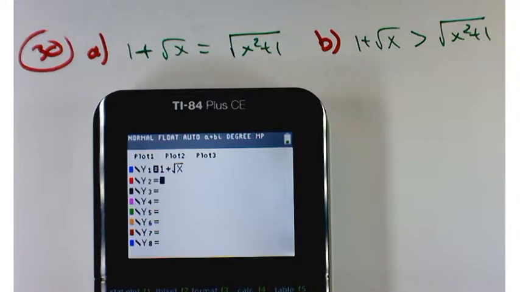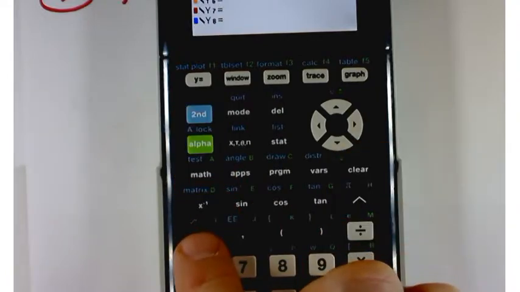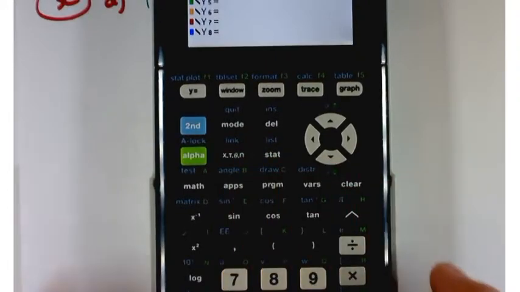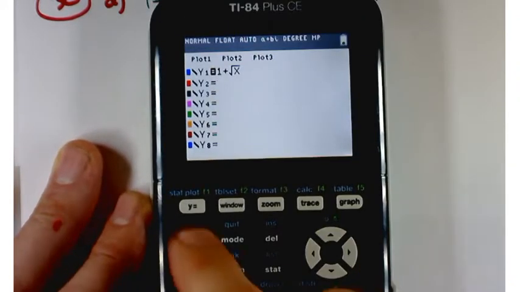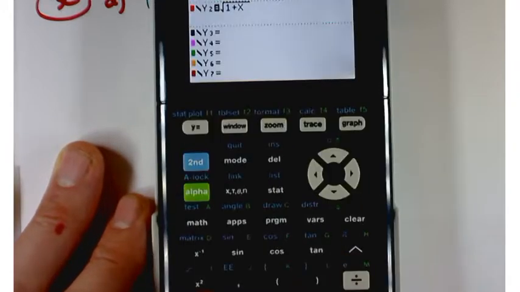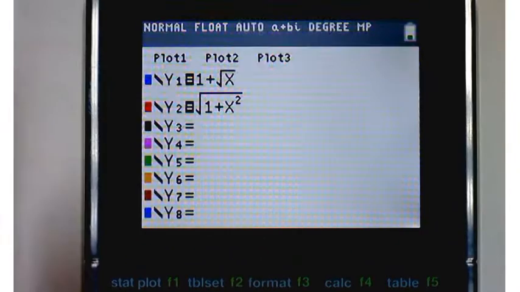The square root key is above the squared key, so you have to hit the second key, then the square root key, and then type in the x. The second equation is the square root of 1 plus x squared. This time hit the squared key right above the log key. You should have both of those entered like that.